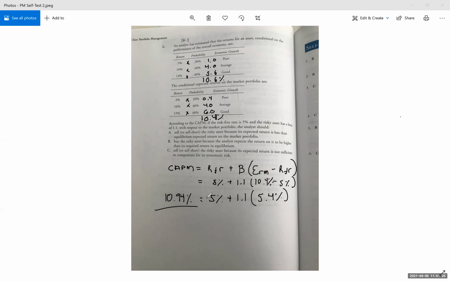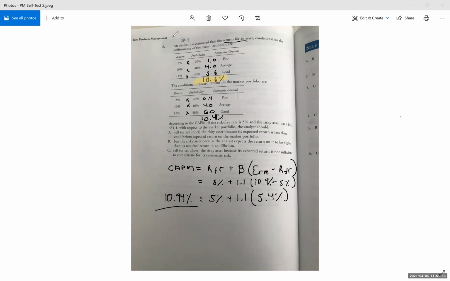What does our conditional expected return tell us that we're going to get? Well, for the risky asset, we're told that we're going to get 10.6 right here. So 10.6 is what we expect to get, but what we really want is 10.94 given how risky this asset is.